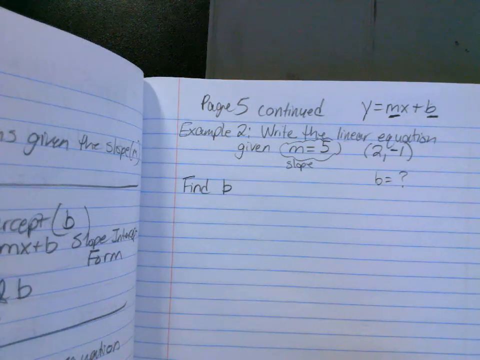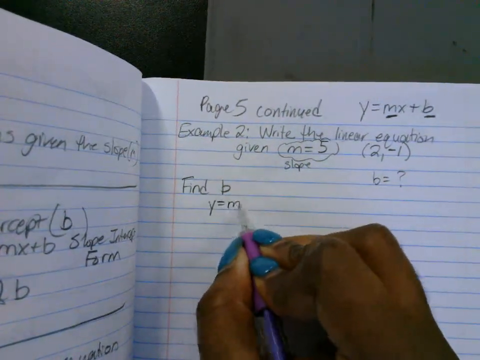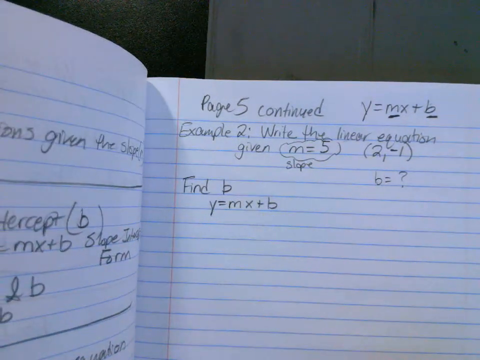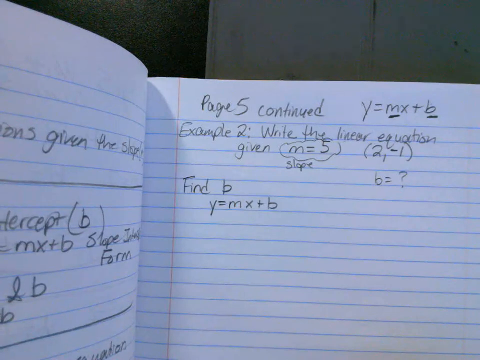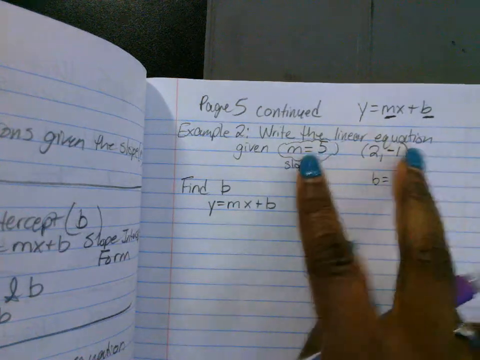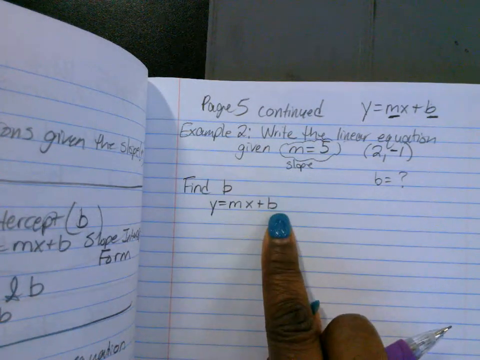So in order to find b, you're going to use the slope-intercept form, y equals mx plus b. We are going to take the information that is given and plug it into this form and solve for b.